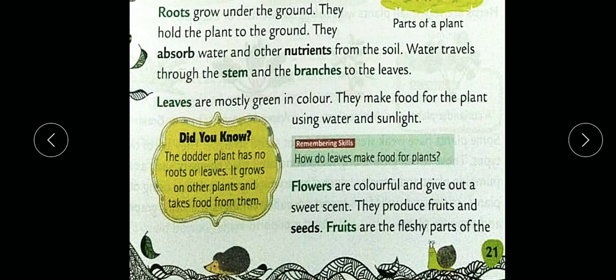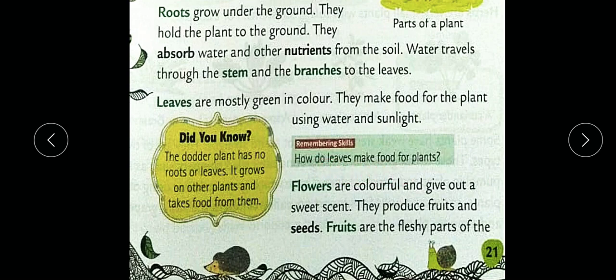Next is leaves. Leaves are mostly green in color, and they make food for the plant by using water and sunlight. Here the question is, how do leaves make food for plants?